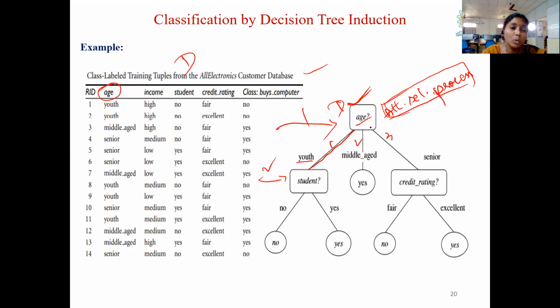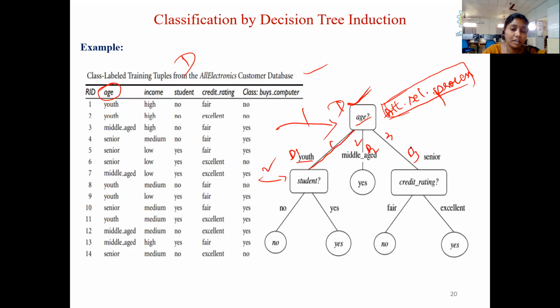Whereas in case of level 2, the data set is divided into three partitions based on the result of the test. So here is D1, here is D2, and here is D3. The total data set is divided into three partitions.